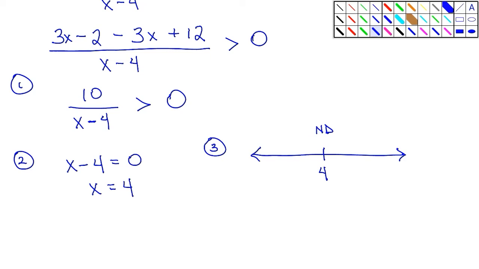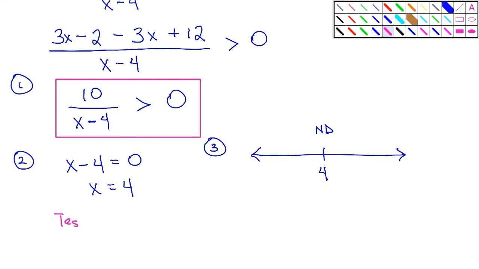Now don't forget which inequality you are testing. You are testing this inequality right here because it's the one that we simplified down to where it was a comparison of 0. It's greater than 0. So we're looking for the positives. So when we go to test, we're actually going to test inside this new inequality. So I'm going to test at x equals 5 because why not?